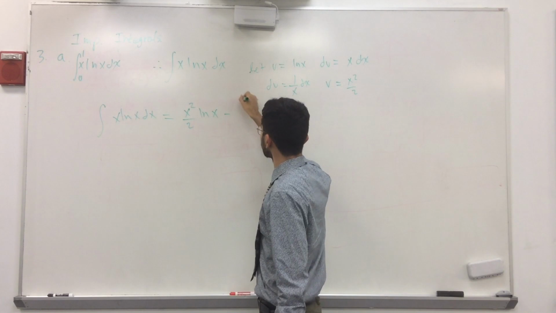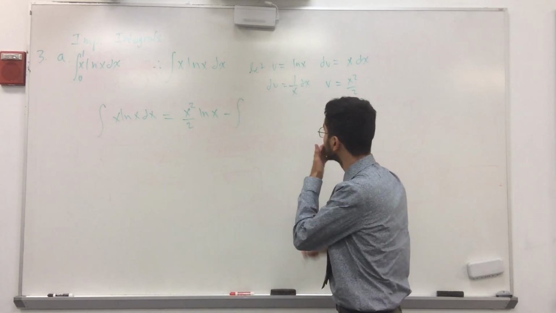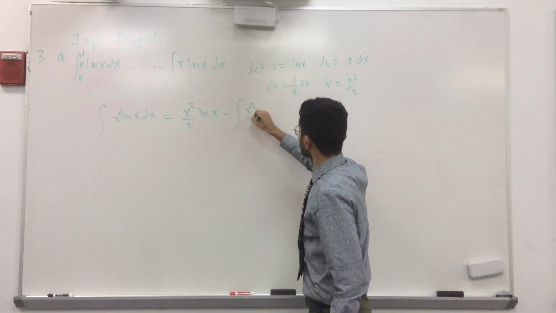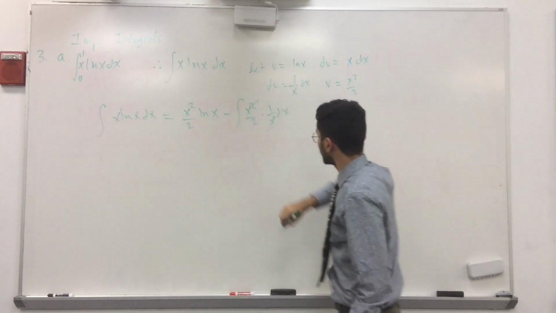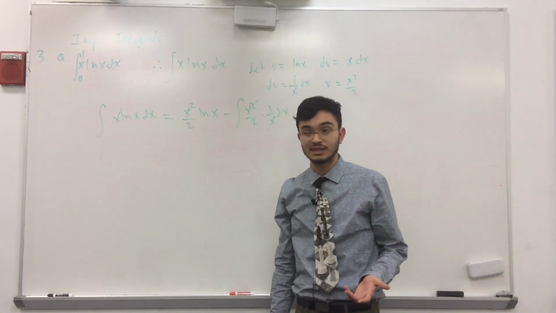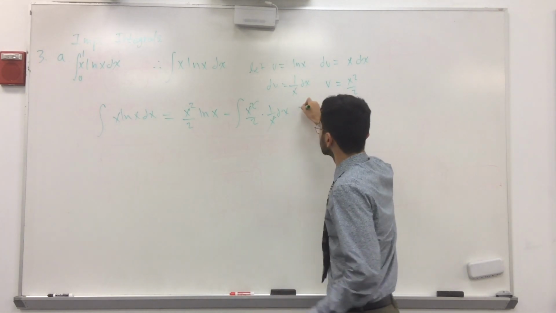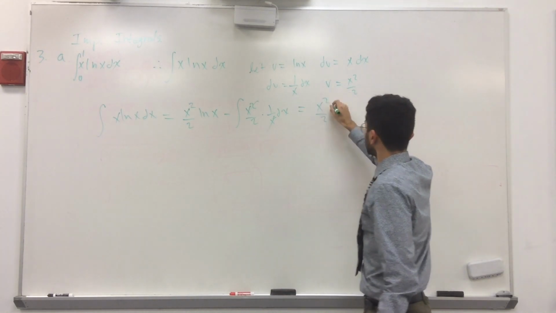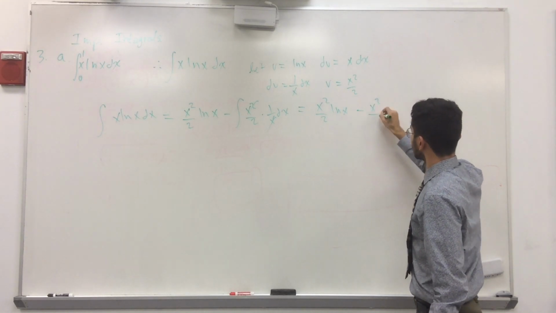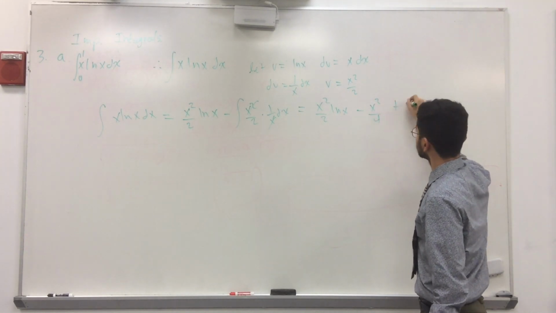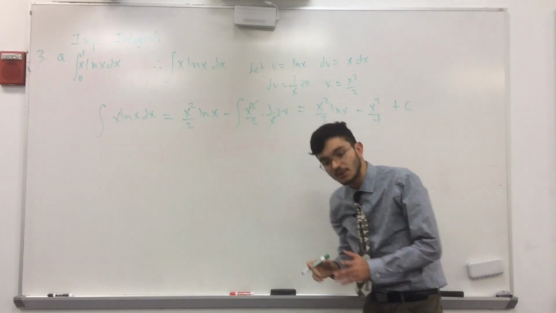Then we subtract the integral of v du. v is x squared over 2, and du is 1 over x dx. Look at that, this cancels out, and we have the integral of x over 2 dx. It's very easy to do. So this is x squared over 2 ln of x minus x squared divided by 4, plus c. This is our indefinite integral.